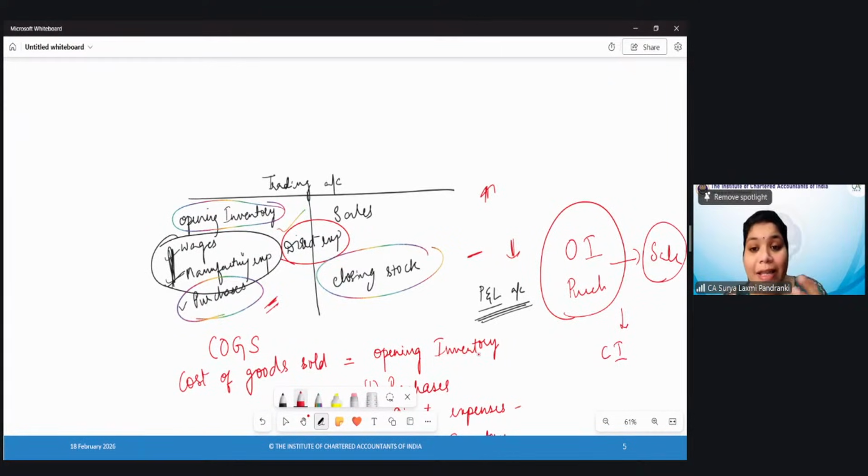So you can't directly say if sales are more, closing inventory is less. It completely depends on your opening inventory and the purchases you made in the year. Then after the sales, whatever is left over will be your closing stock.